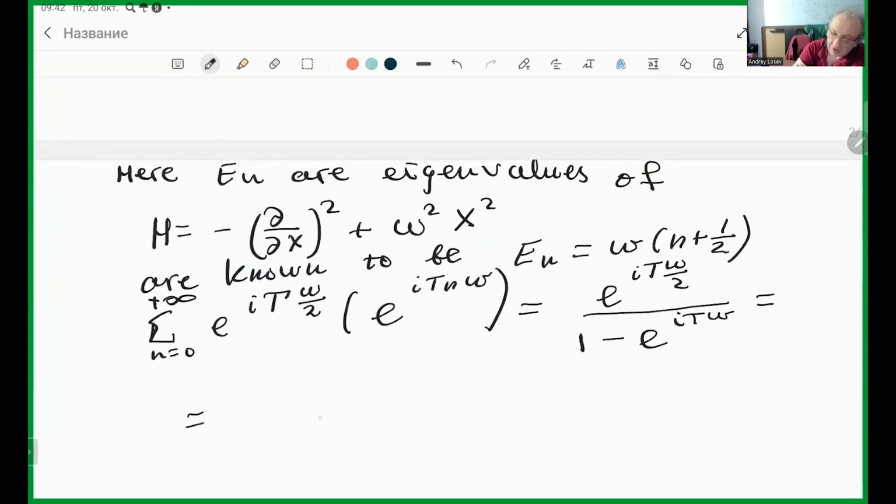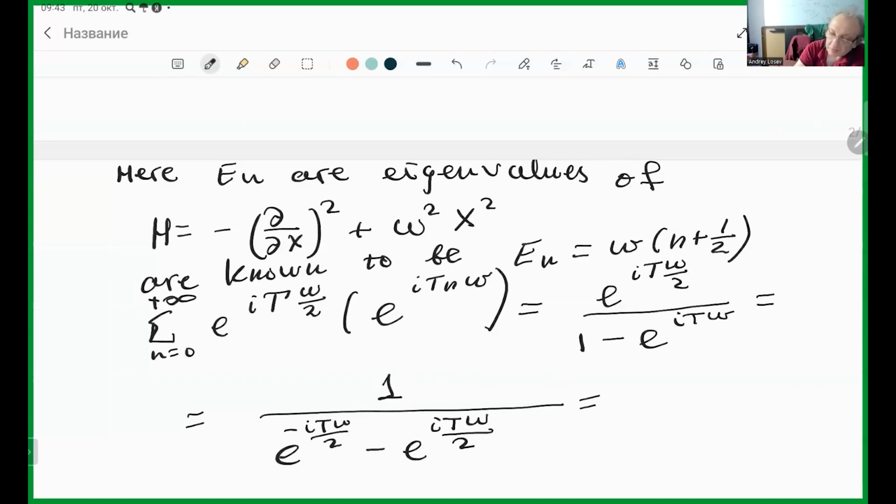And this is actually, up to coefficient 2, 2 over sine of T omega over 2.